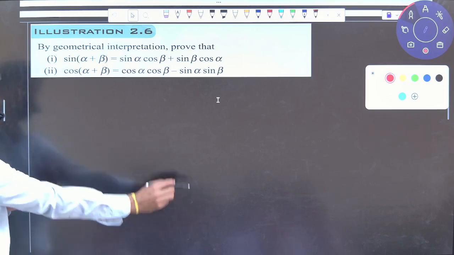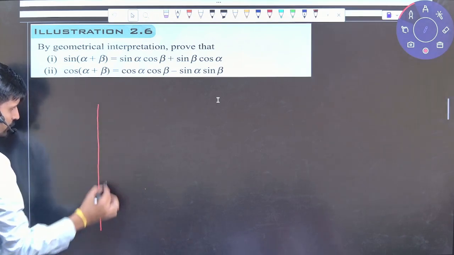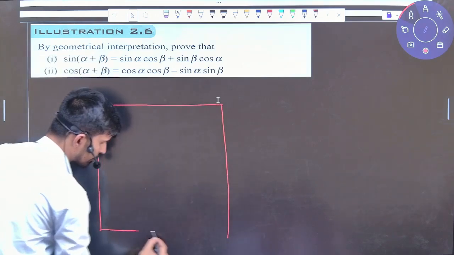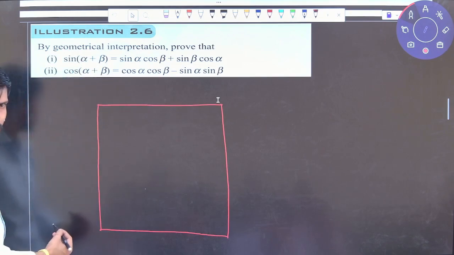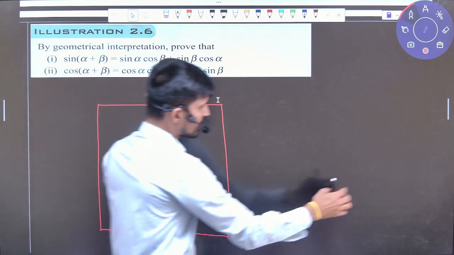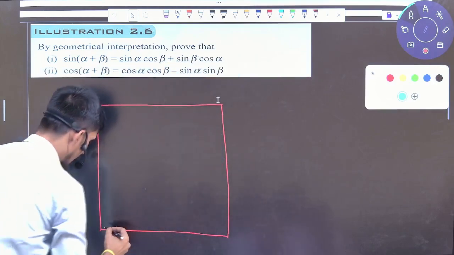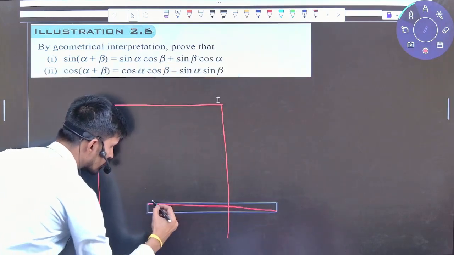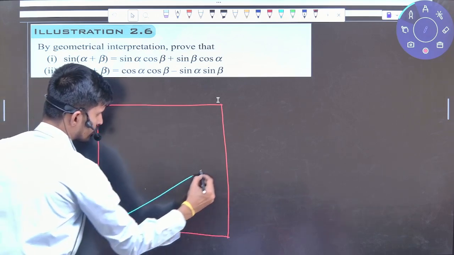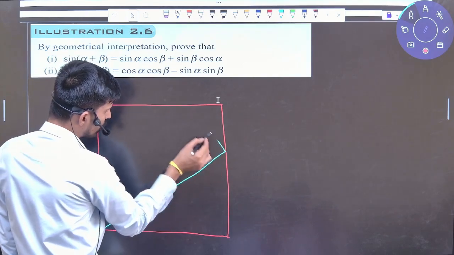Okay, so first, if I have to prove this, first of all, I am going to make one rectangle. This is one rectangle. Now from this place I am going to make one right angle triangle.